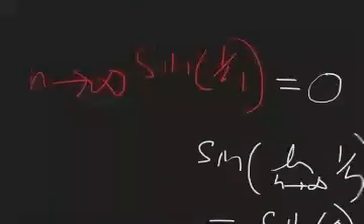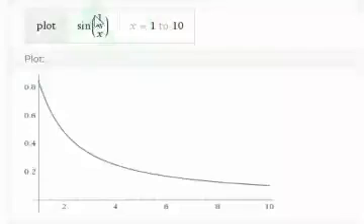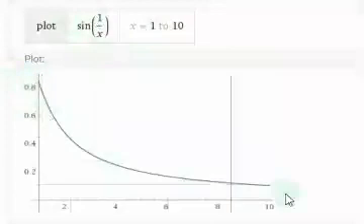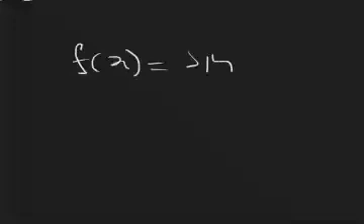If you plot sine of 1 over x, it decreases to 0. You can show that by differentiating. So f of x is equal to sine of 1 over x, right?